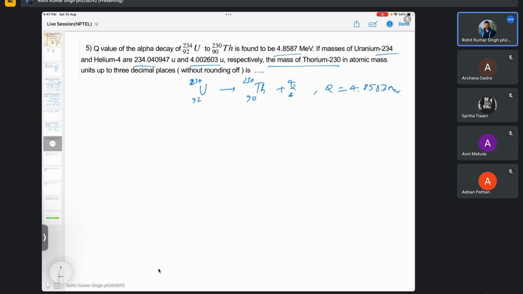So how to do that? It's simple, right? Yes, sir, again the formula only, the first Q formula. So first the Q value you can find: M uranium minus M thorium minus M alpha.